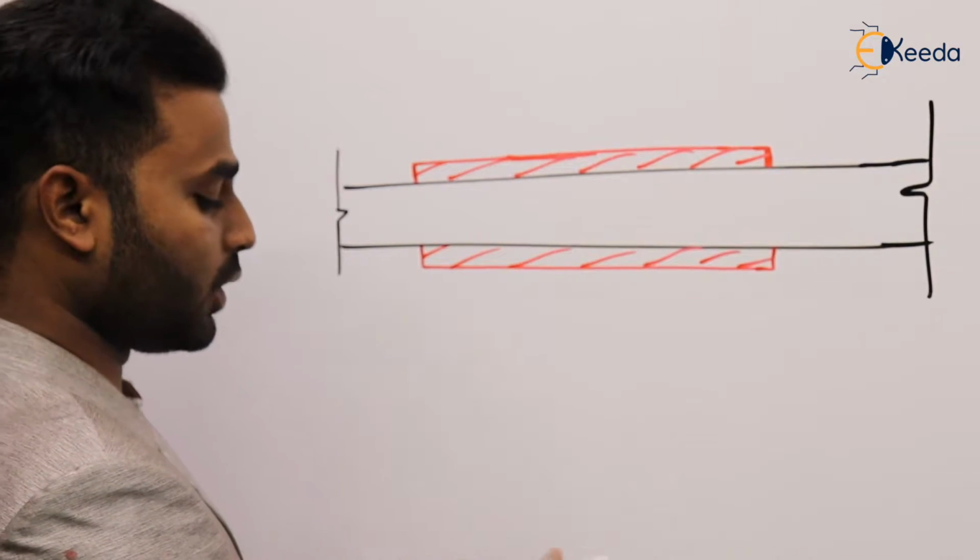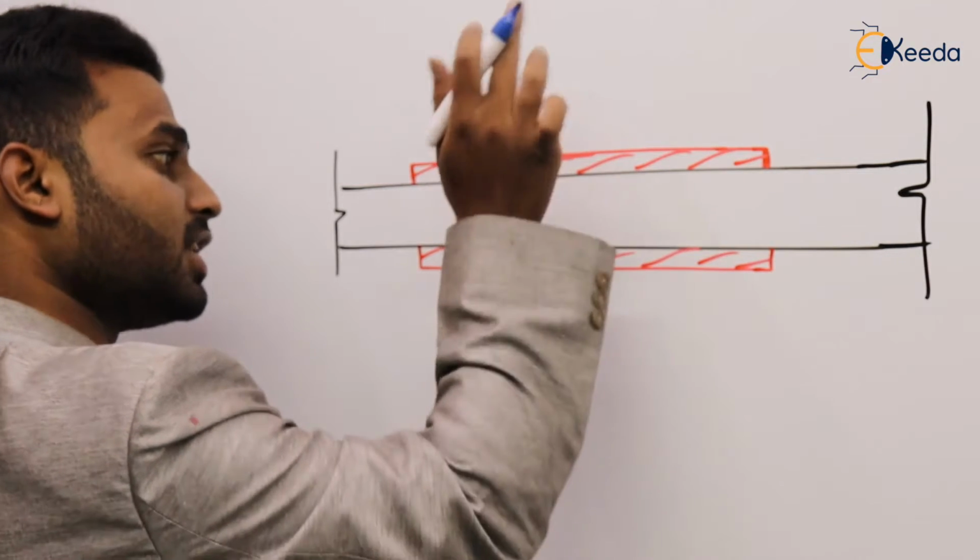To this packing plate, we are going to connect both the angles, back to back on either side of the web plate.